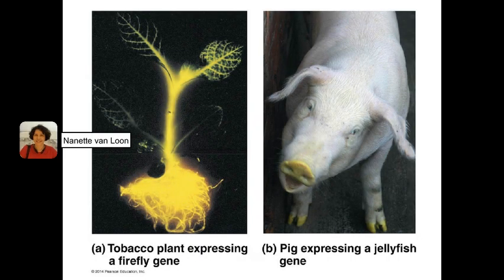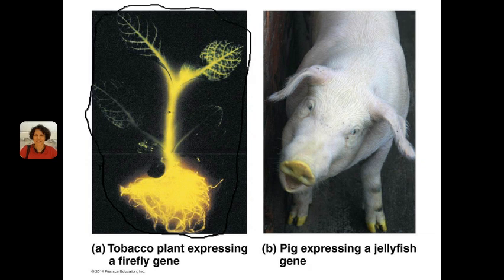Here are some more examples of how the genetic code is universal and how you can express genes from one organism in another one. On the left side, we see a little tobacco plant that has been engineered to contain a firefly gene that is responsible for the production of light. This allows that reaction to proceed, and the plant itself can light up.